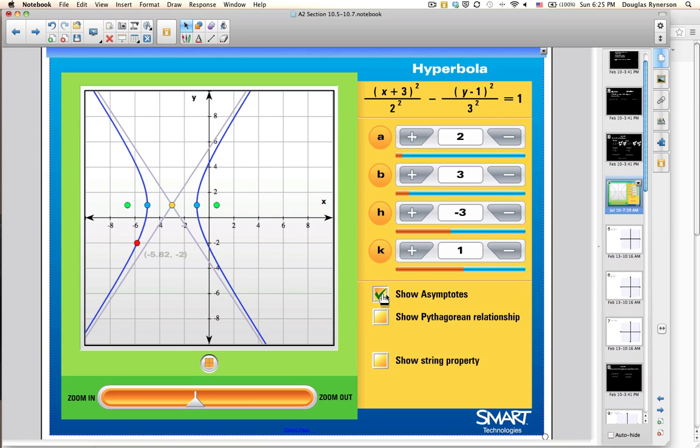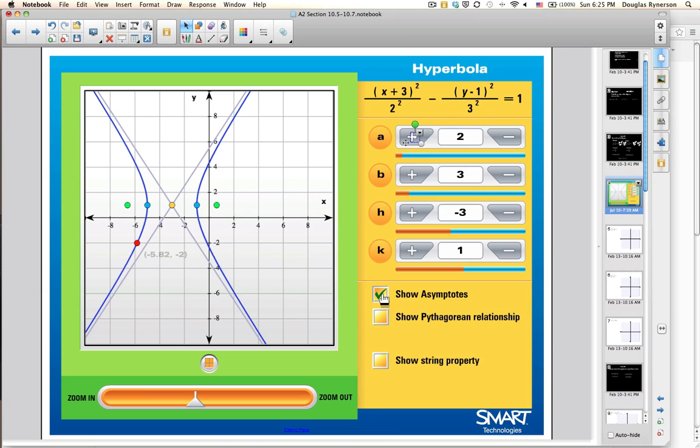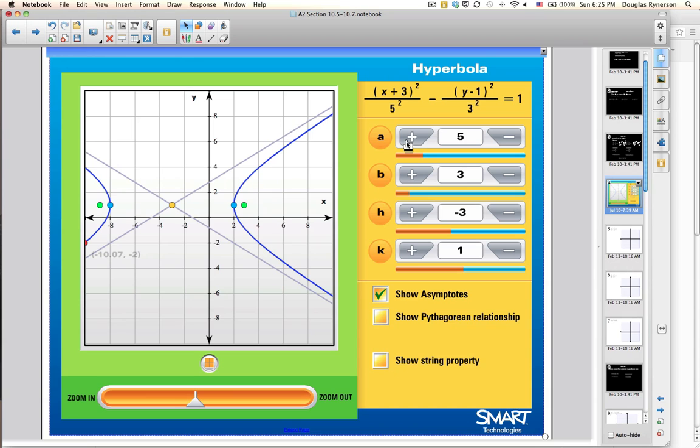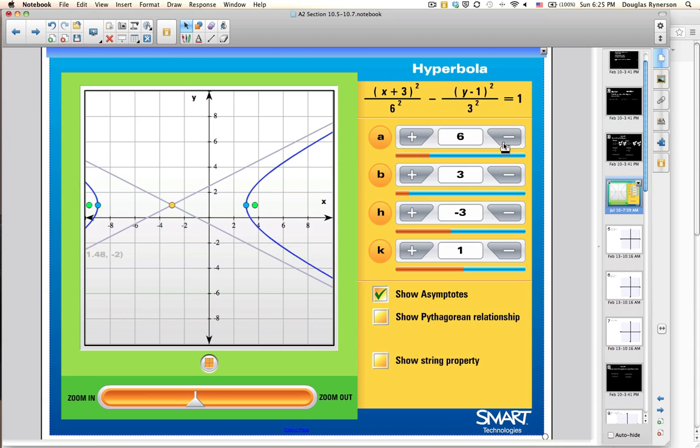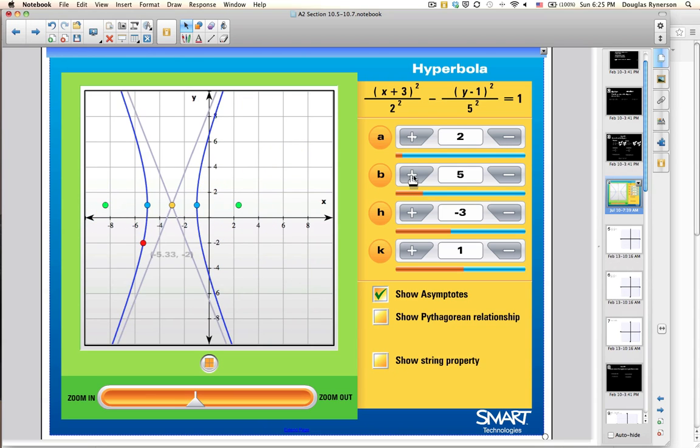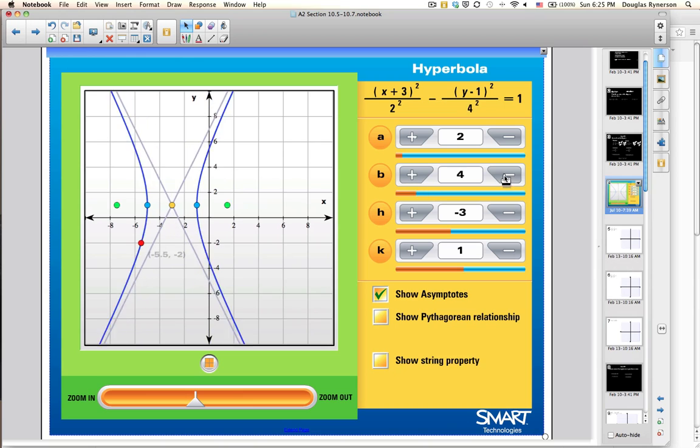If you want to take a look at the asymptotes, they are diagonal lines that pass through the center, and you'll see that again, if I change the value under x, it will change the slope by flattening it out. If I change it under y, it'll make it steeper. Right?